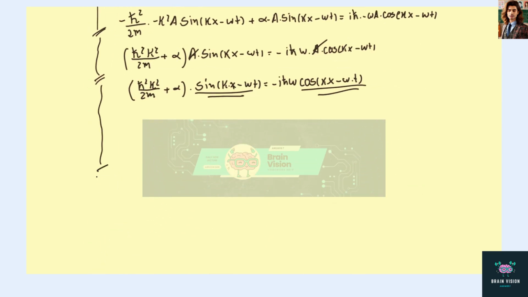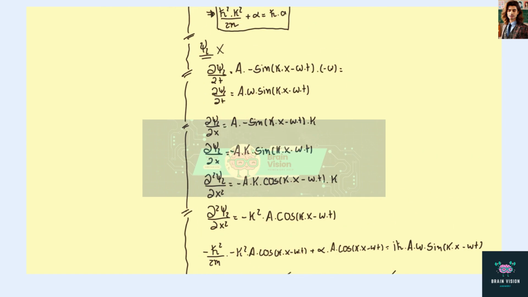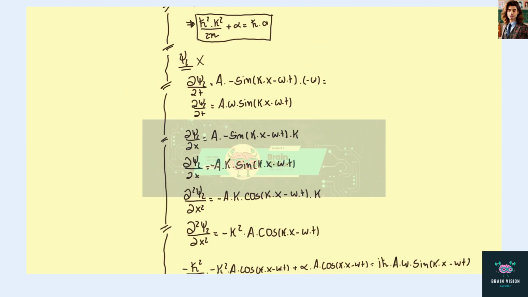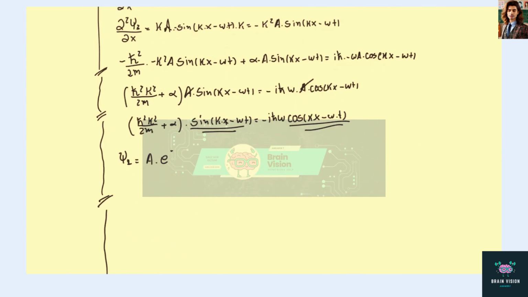So we are only left with psi1, which I will write again so we can remember it. Psi1 is equal to a times e to the i k times x minus omega times t. So this is our only valid solution of the time-dependent Schrodinger's equation.